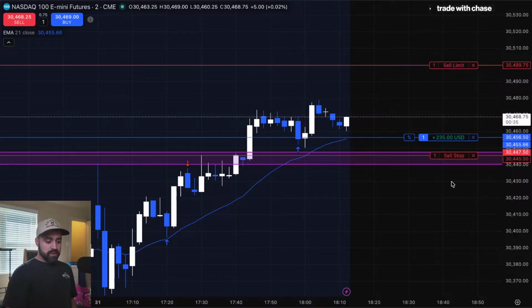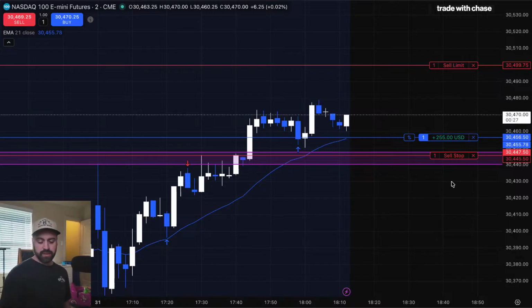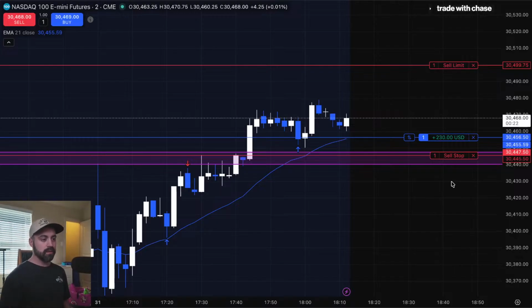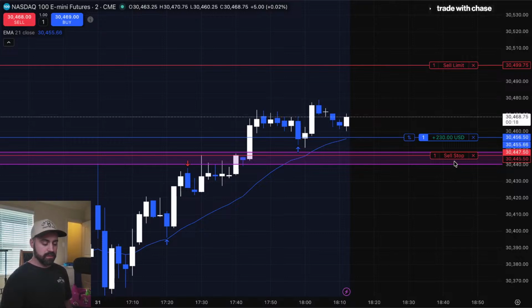All right, just a little bit more to the upside, and I will move to break even because it's kind of shown us its new low. If we break below that, then it would be bad. But I want it to get a tiny bit further if it can.